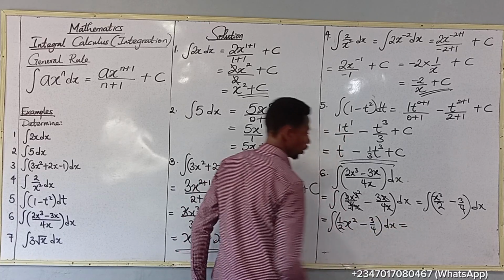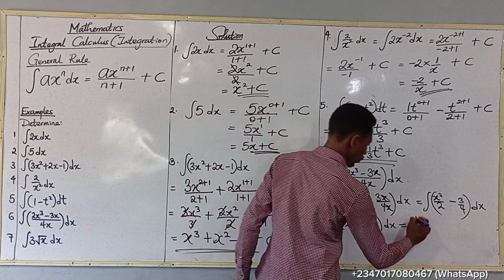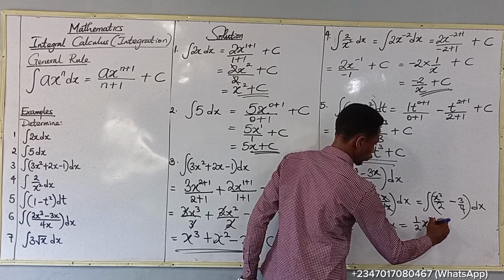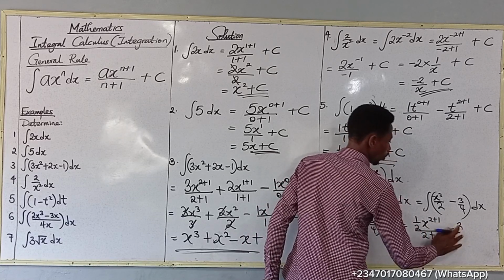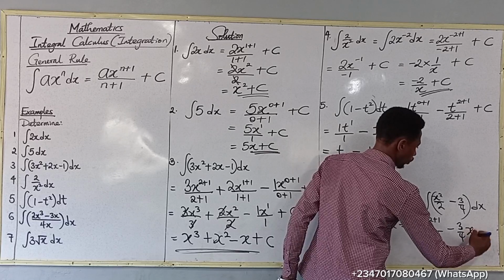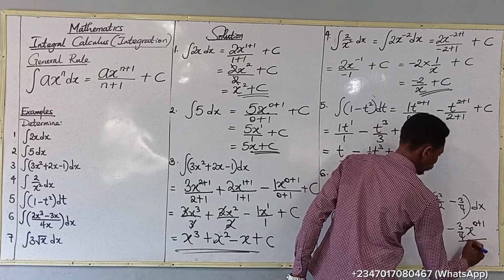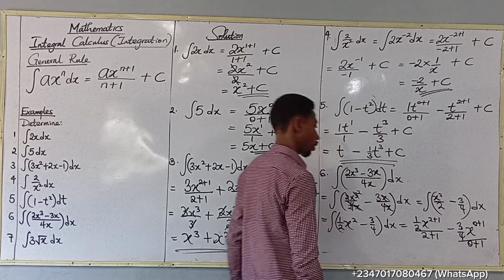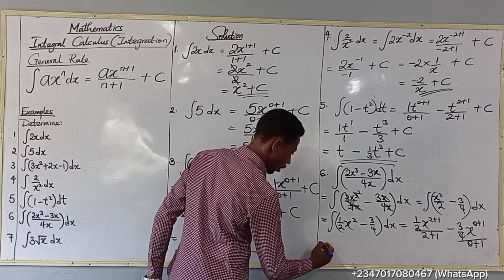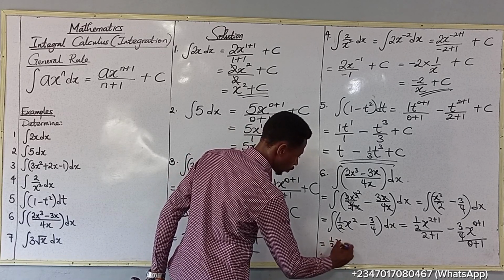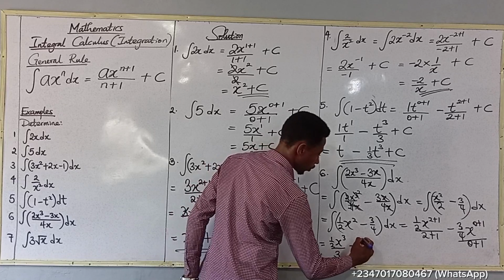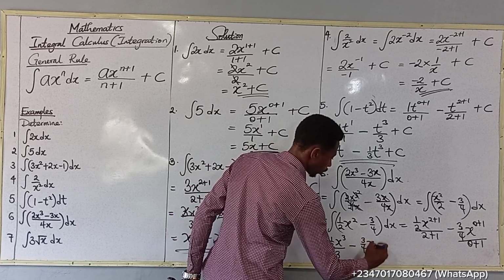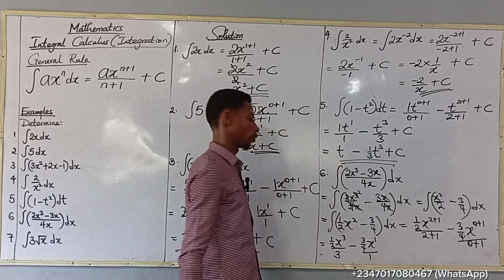So now we can integrate. So we just say 1 over 2 x raised to power 2 plus 1 all over 2 plus 1 minus 3 over 4 x raised to power 0 plus 1 all over 0 plus 1. So to simplify further, we have 1 over 2 x raised to power 3 all over 3 minus 3 over 4 x power 1 all over 1.